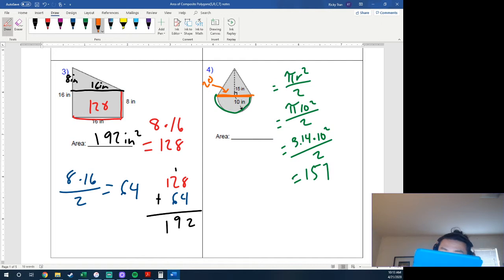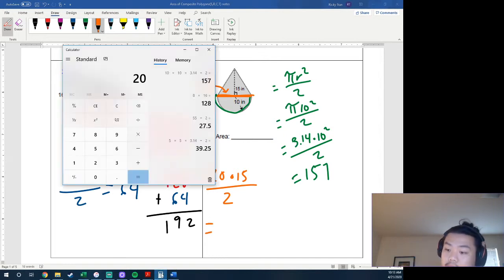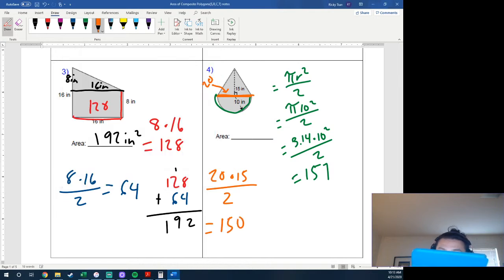Okay, it's 20. So we're just going to take 20 times 15 divided by 2, which gives us 150. All right, and then we just add 150 and 157.